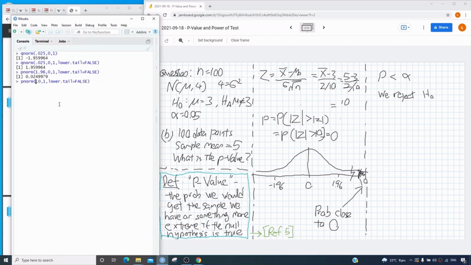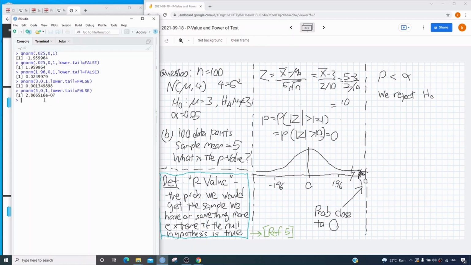Before I change to 10, I will change to something in between so that we can see the changes. Let's say I put 3. You can see that the probability is even smaller. If I put 5, now it's getting really small: 2.86 times 10 to the power of minus 7.